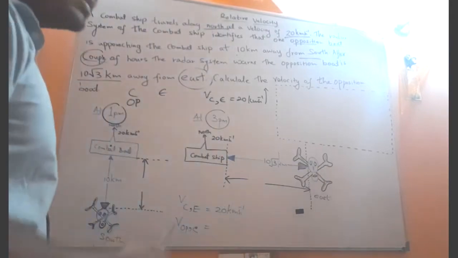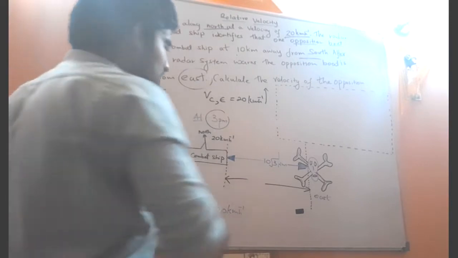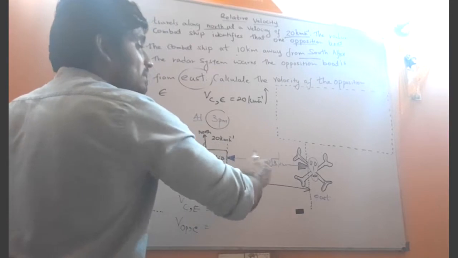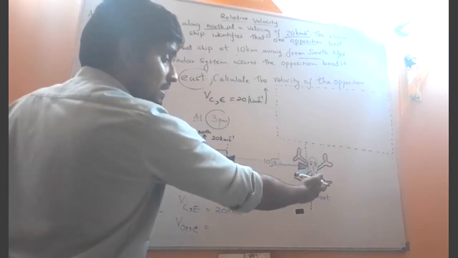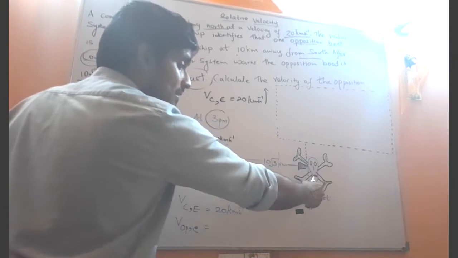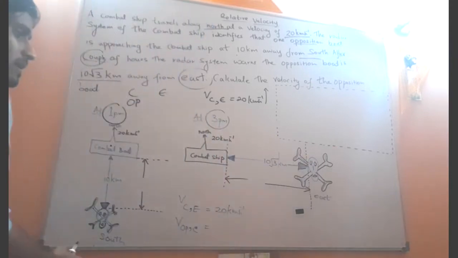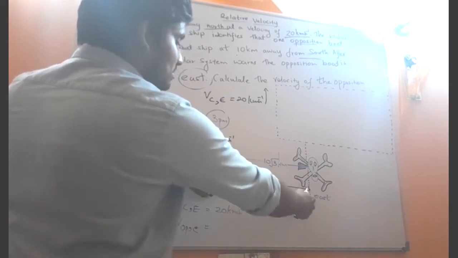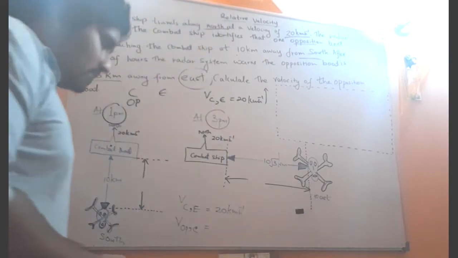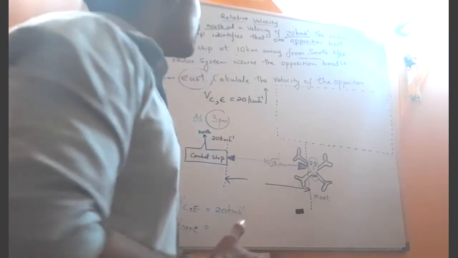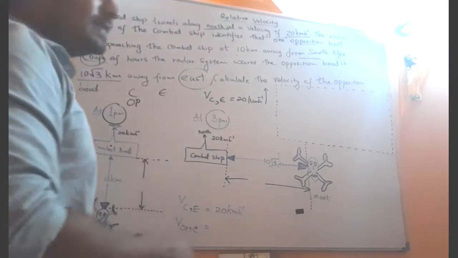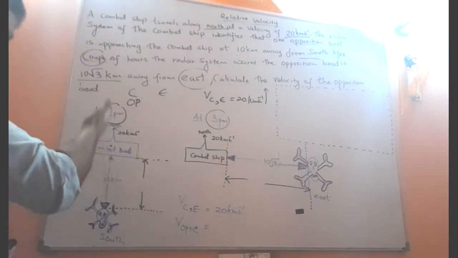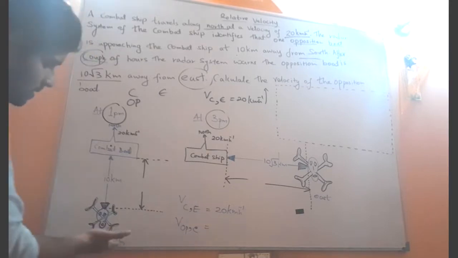So at 3 p.m. the radar system detects that the opposition boat is positioned 10 root 3 kilometers towards east. Now there's a very important thing that I need to mention. At first it is said that the opposition boat is 10 kilometers from the south side.